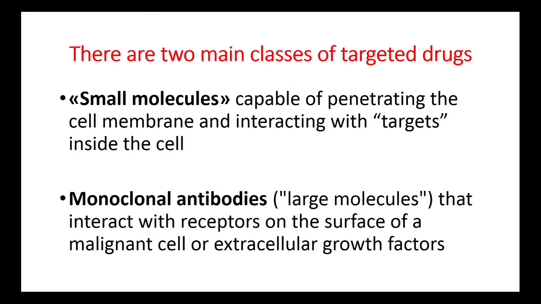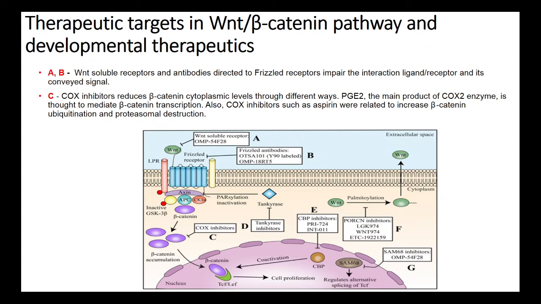You need to know there are two main classes of targeted drugs. First, small molecules capable of penetrating the cell membrane to interact with targets inside the cells. And in this picture, you can see an example: cyclooxygenase inhibitors, which are small molecules.